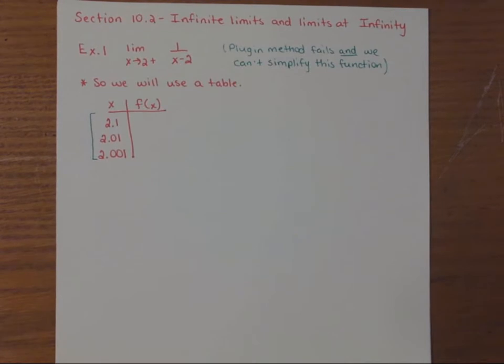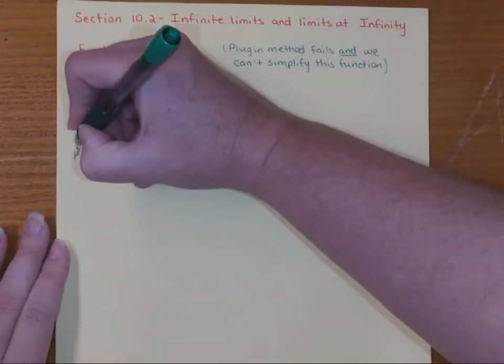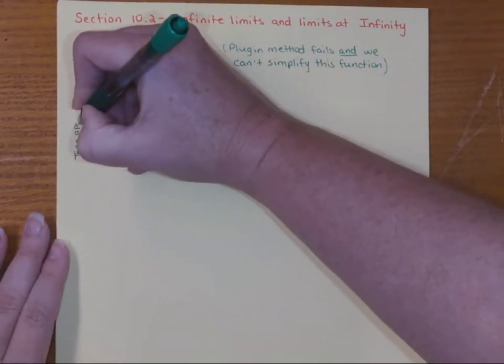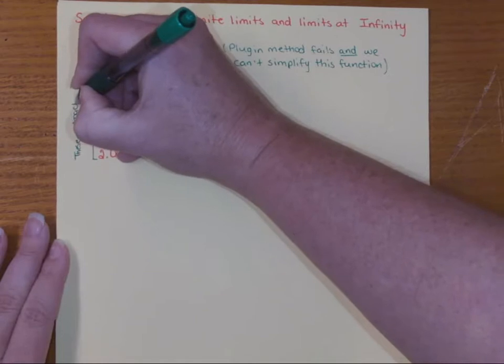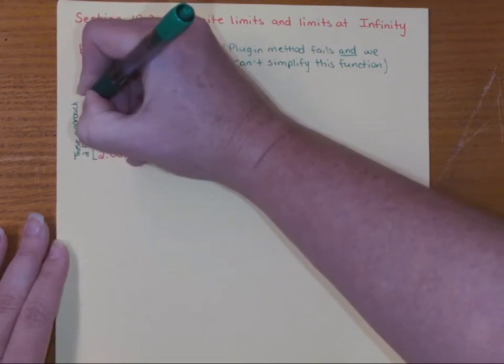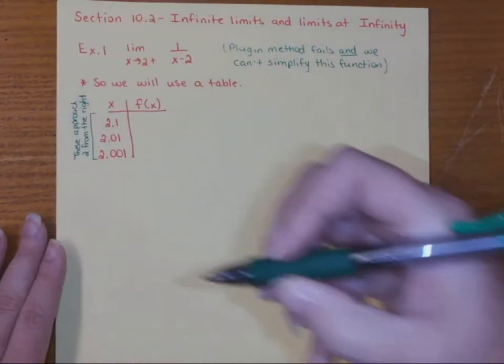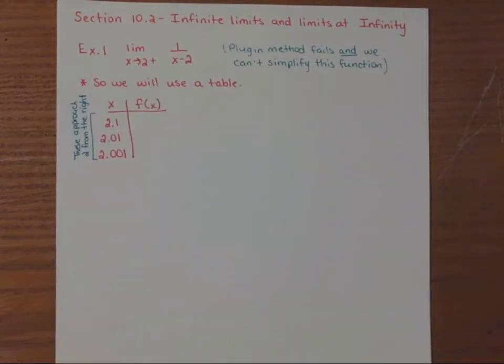But 2.01 is even closer to 2. And then 2.001 is even closer than that. So notice these values approach 2 from the right. That's why we chose them. We're allowed to choose anything at all that we want for x, and we chose values that approach 2 from the right. And then we'll plug these in the calculator.